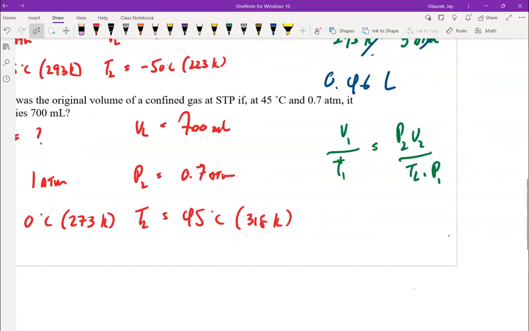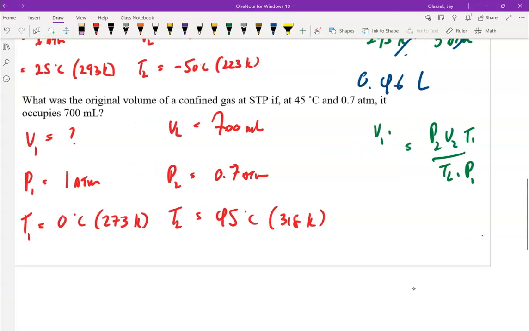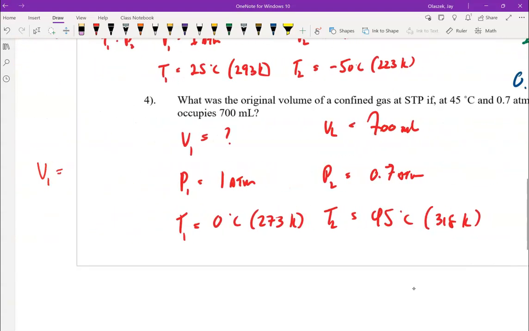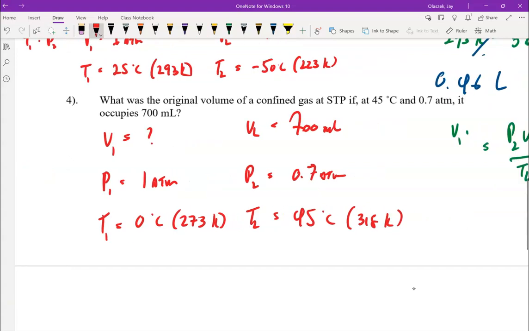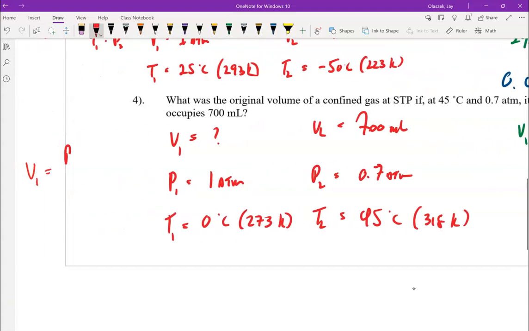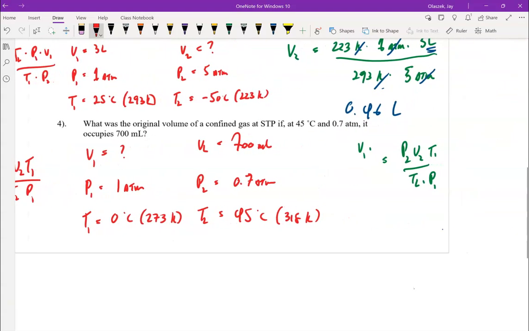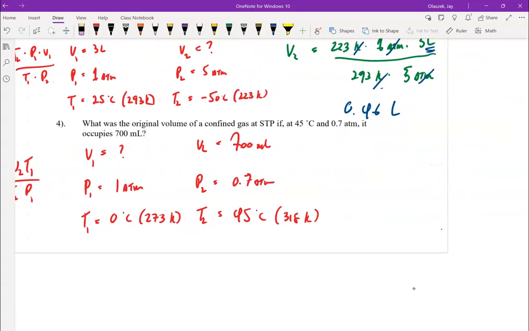Now we want to get rid of T1, so I'm going to multiply both sides by T1, and that gets rid of it over here. That tells you that V1 is going to be equal to P2 times V2 times T1 over T2 times P1. All right, let's plug everything in. So now we know how we got it.